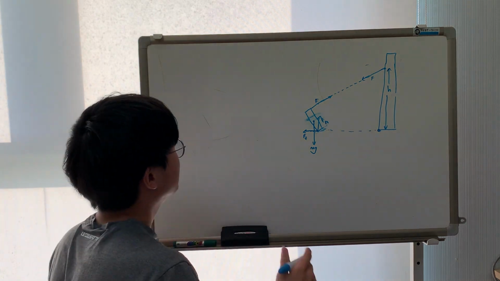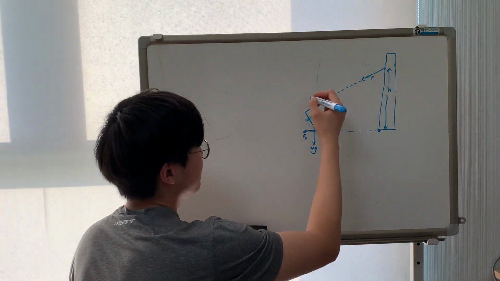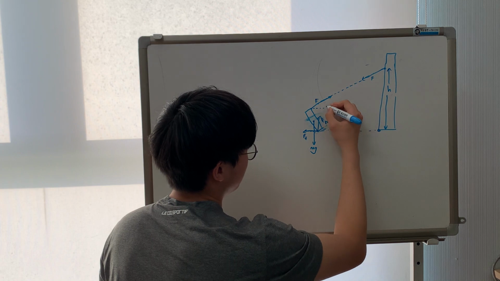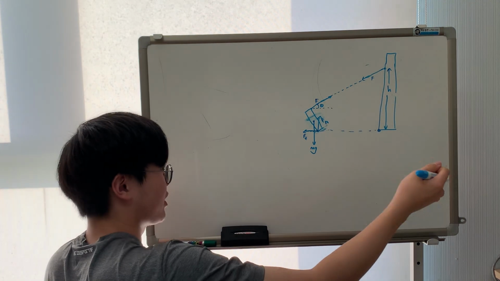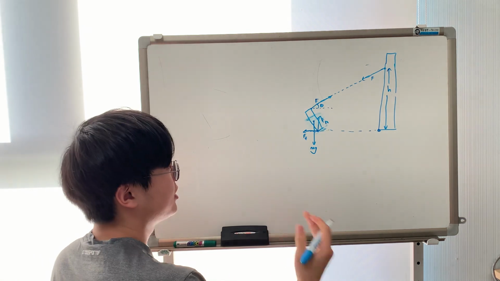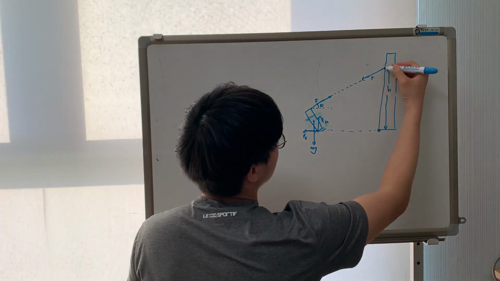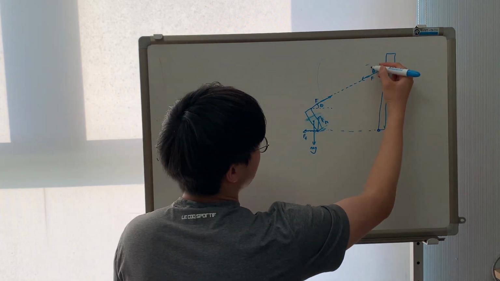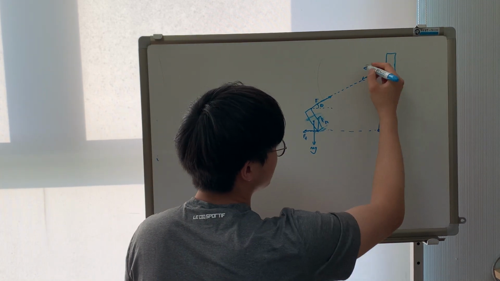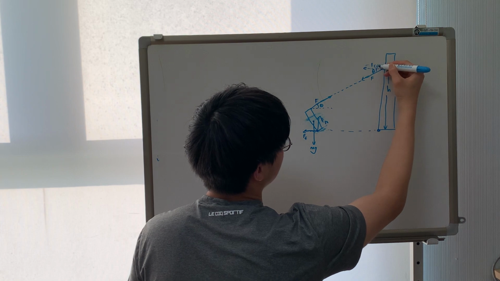Now what we know is that this here is theta. The angle in which the force is directed, from the ground, is theta. And so this angle will also be theta, which means that the horizontal component of this force is F cosine theta.